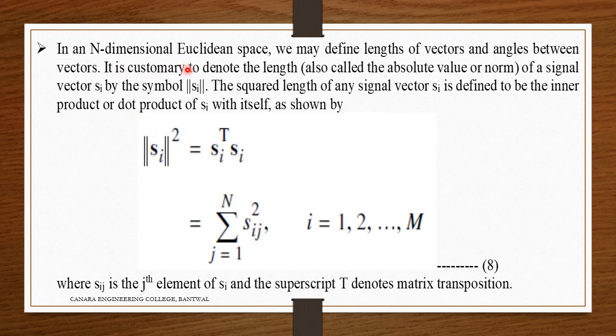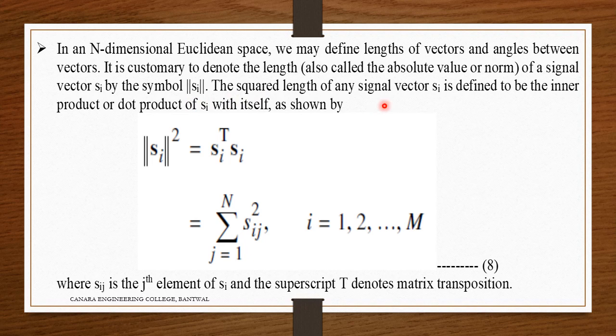In an N-dimensional Euclidean space, we may define the length of a vector and the angle between vectors. It is customary to denote the length, also called the absolute value or norm, of a signal vector si by the symbol mod of si.